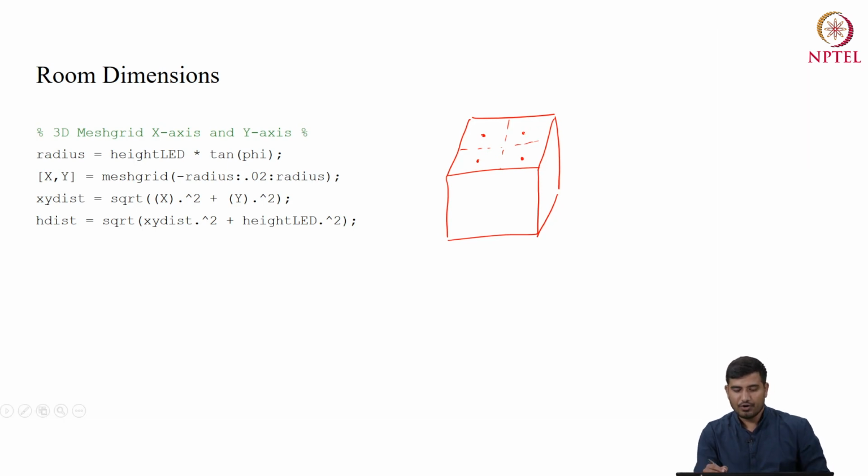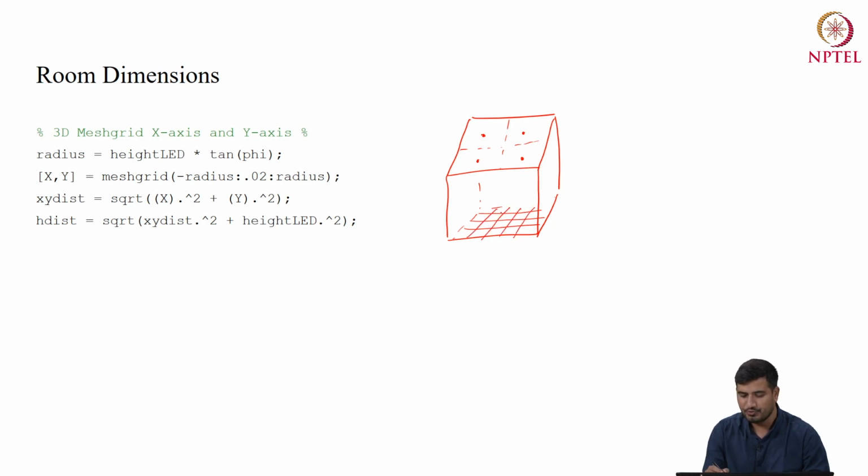Now, in order to plot this 3D received power profile, you need to divide the whole room into a number of grids, or you can say this receiver floor will have this number of locations.